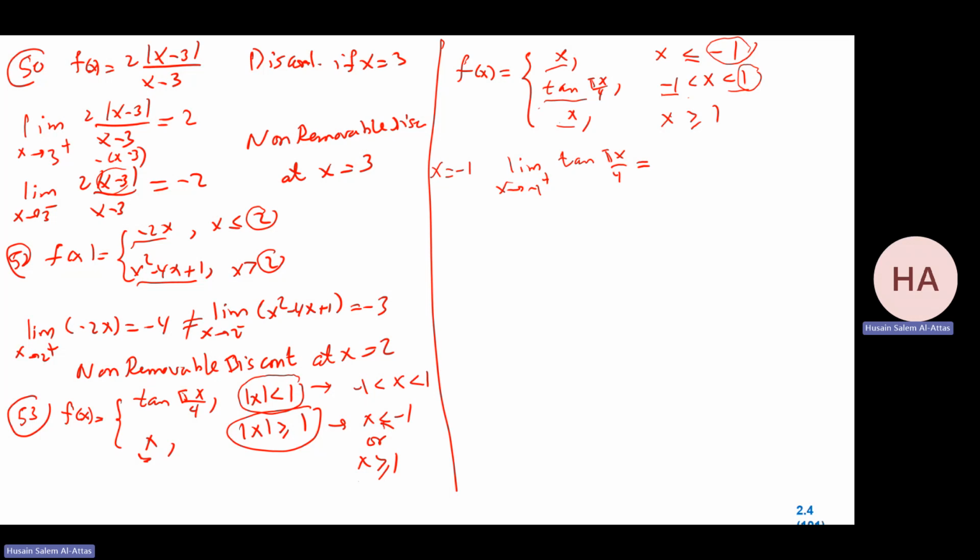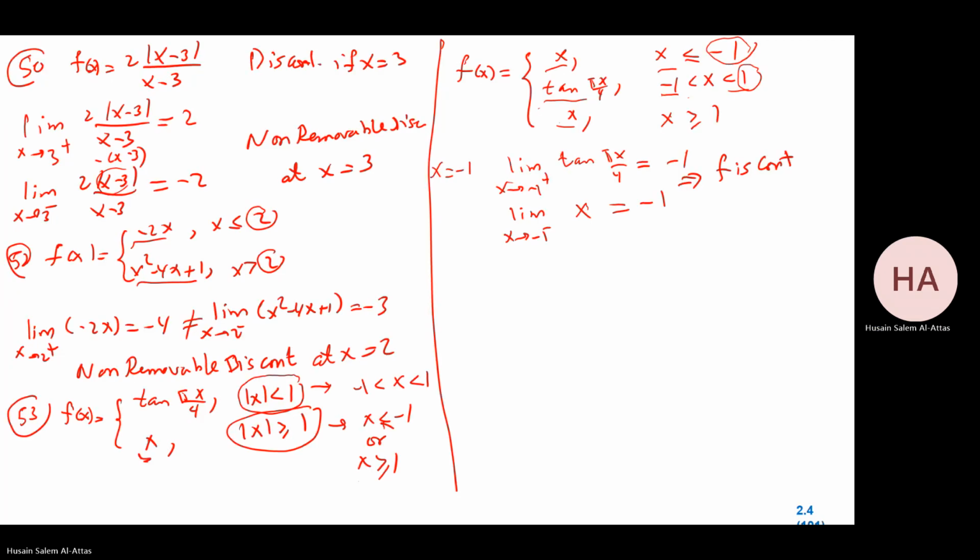That will be minus pi over 4, which is -1. And from left, that will be x, so it will be -1, so they are equal. It means f is continuous. I need to check f at -1, which is -1. So f is continuous at x equal -1.